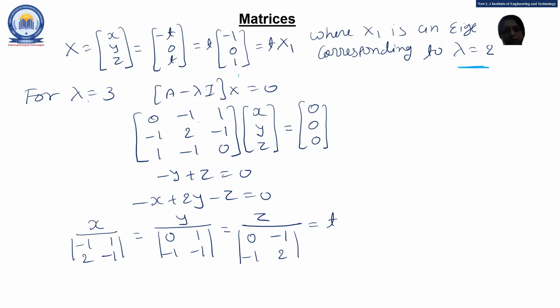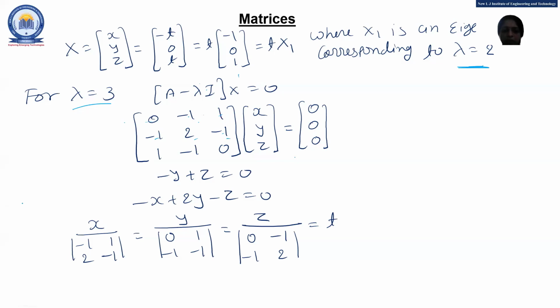Let's do the same thing for lambda equal to 3. By applying lambda equal to 3, we again have 3 different equations. By taking 2 equations out of them, minus y plus z equal to 0 and minus x plus 2y minus z equal to 0, right?